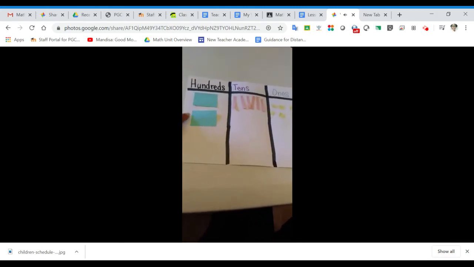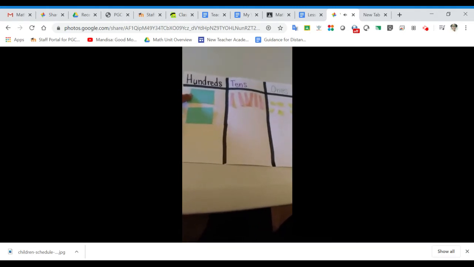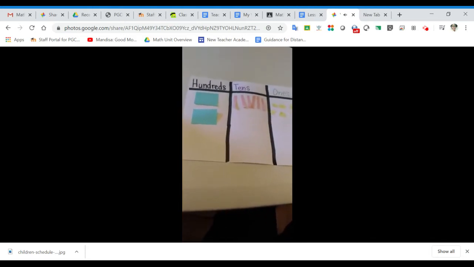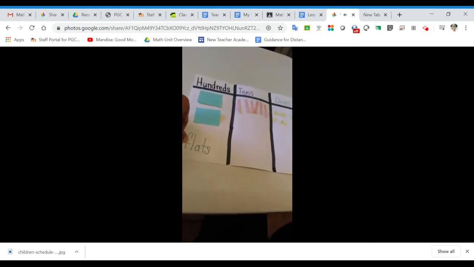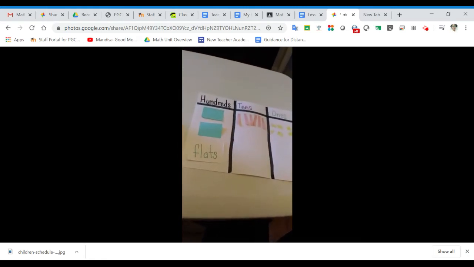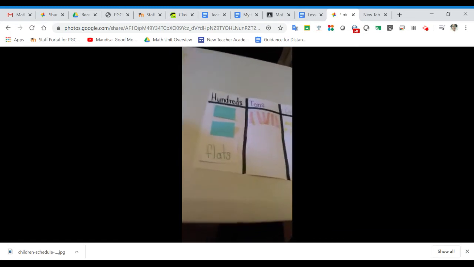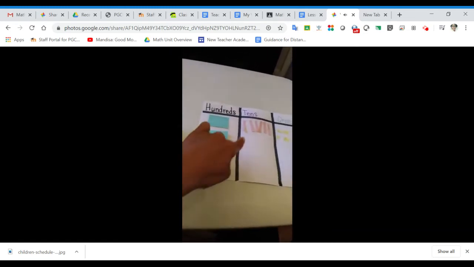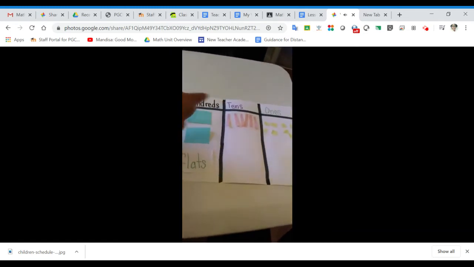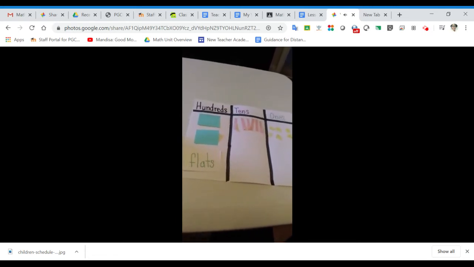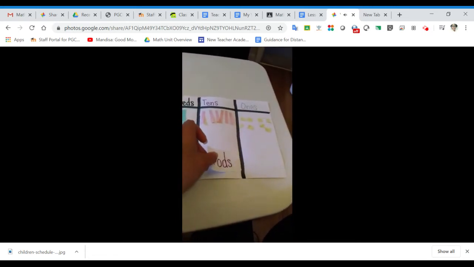So, of course, these are sticky notes, but we're going to say that these are representing hundreds blocks. We're going to call those hundreds blocks flats. So if you notice, there are 2 flats or 2 hundreds. In the next section, under the tens place, we're going to call those manipulatives rods.